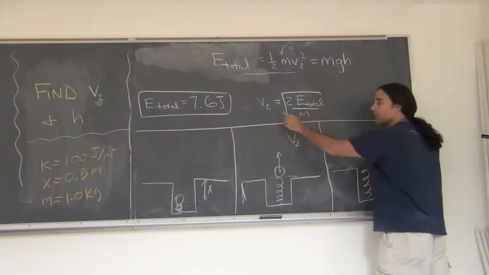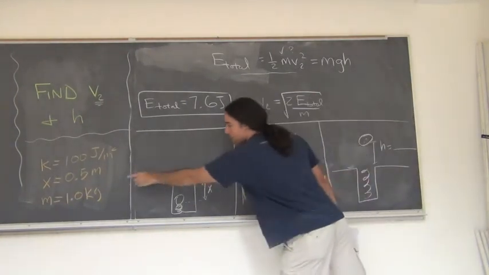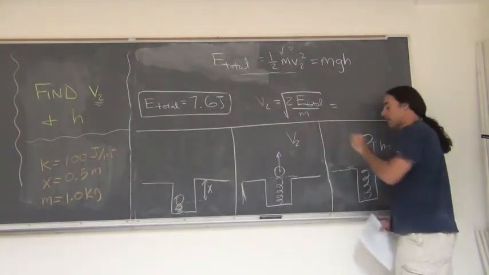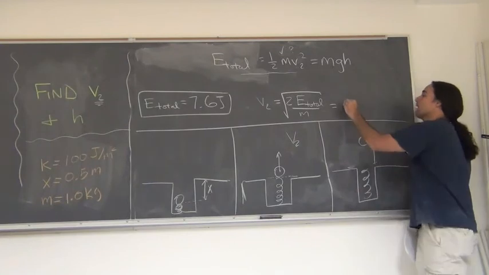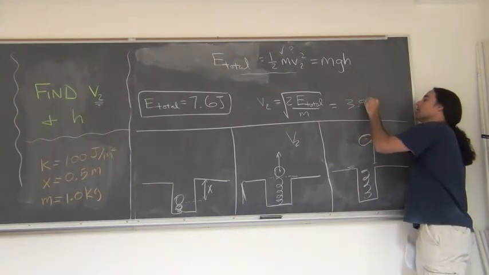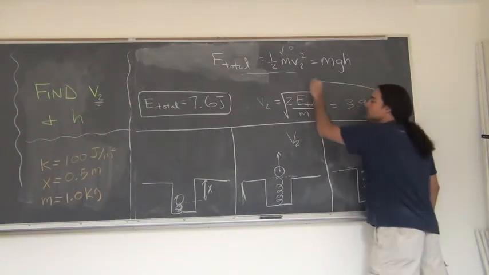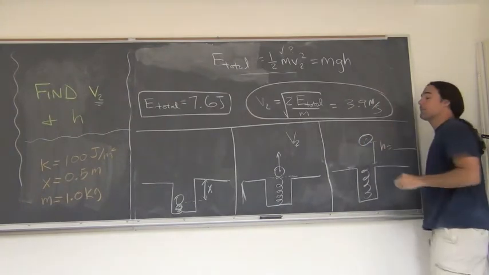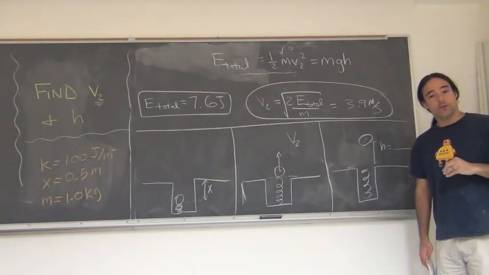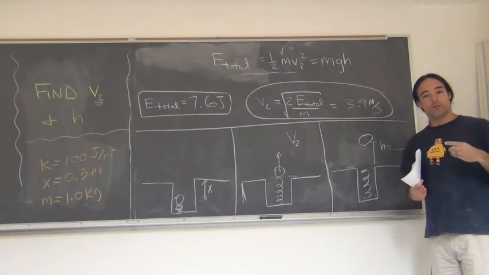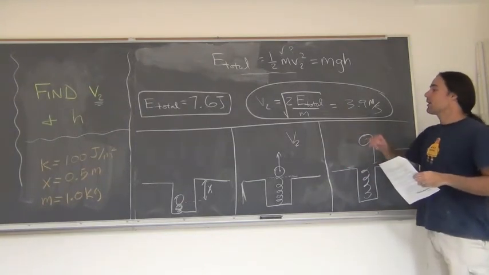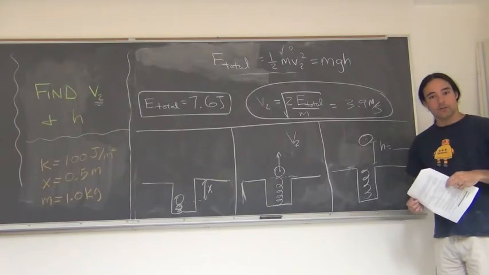Again, we're just plugging in this energy, and then the mass, which was given in the problem. We should get that the ball is traveling upward with a speed of 3.9 meters per second. Okay. Easy enough, very easy to do this if we have conservation of energy and we use those principles to just calculate what the velocity is.